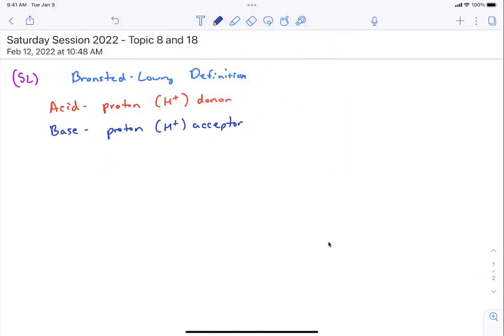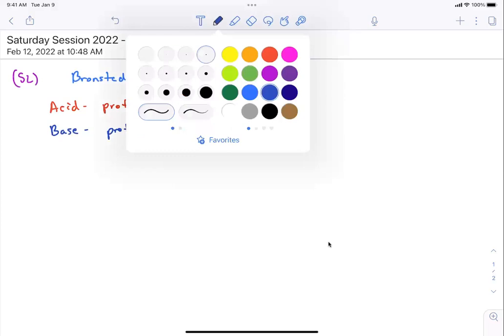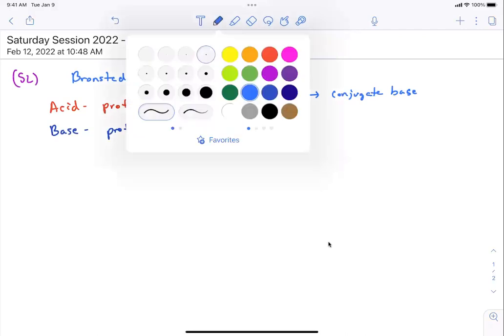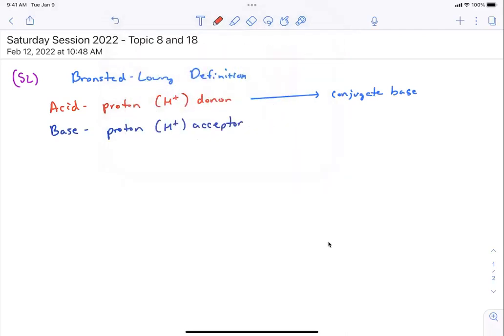Okay. And like I said, I'm going to combine a couple of different ideas here as well so that we can kind of cover a lot of ground. When an acid does donate its proton, it becomes a conjugate base. And when a base accepts its proton, it becomes a conjugate acid.